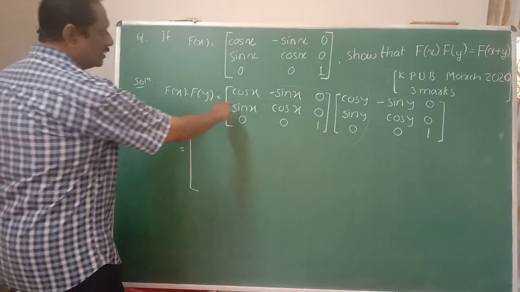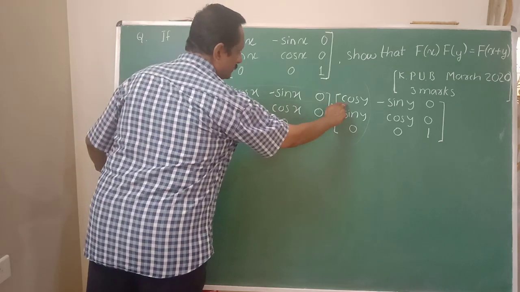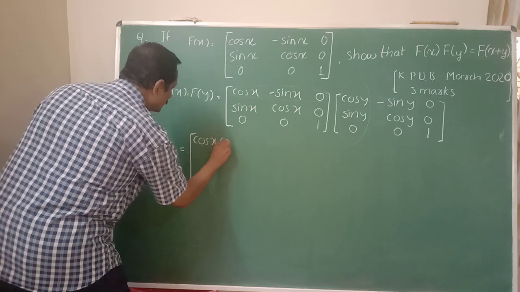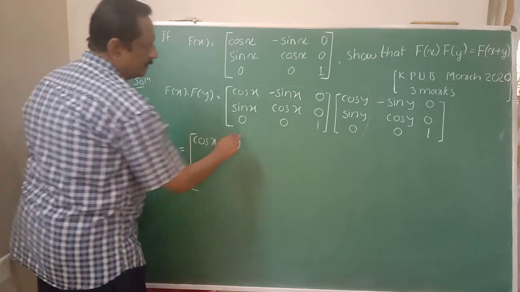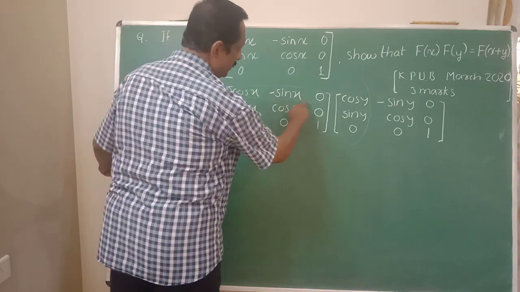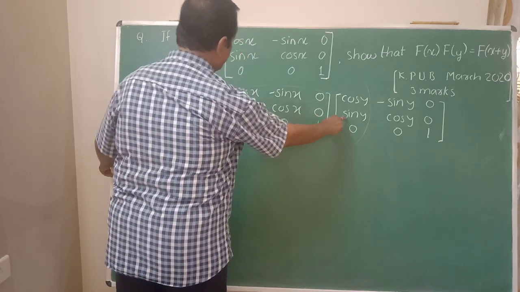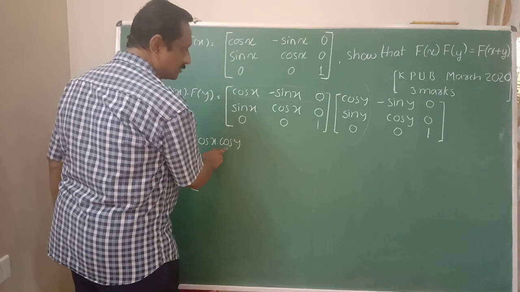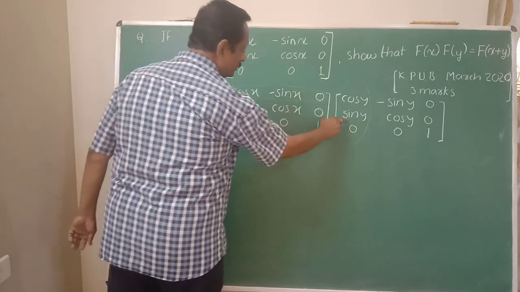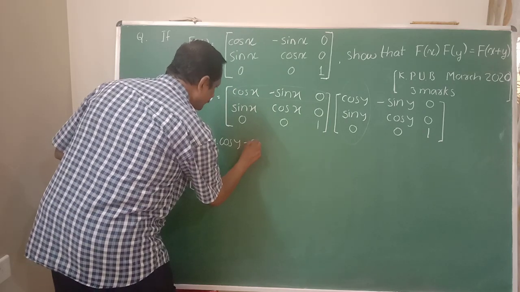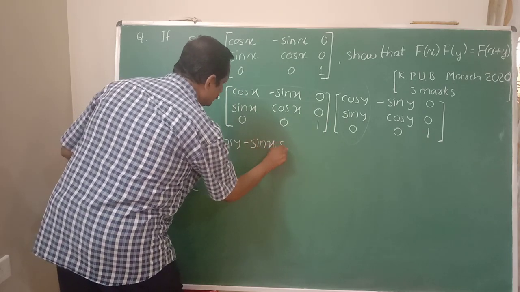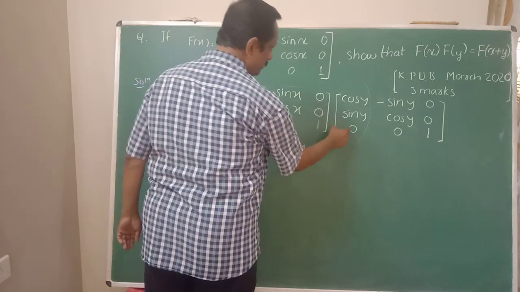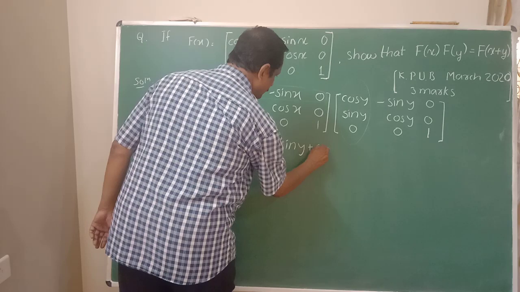So cos x into cos y, minus sin x into sin y. Then 0 into 0 becomes 0, so plus 0.